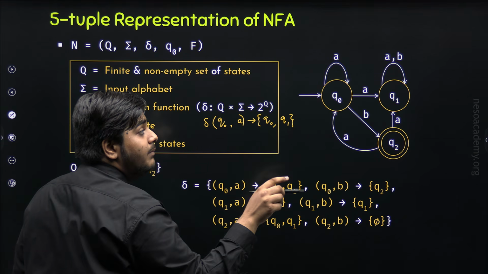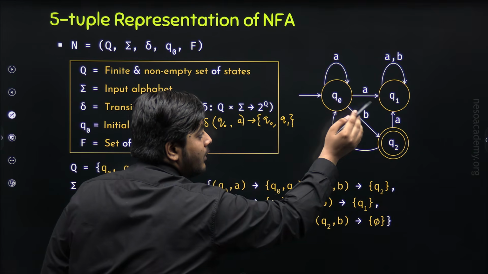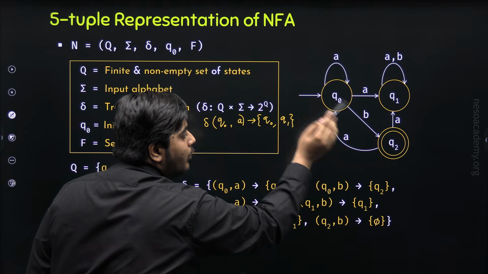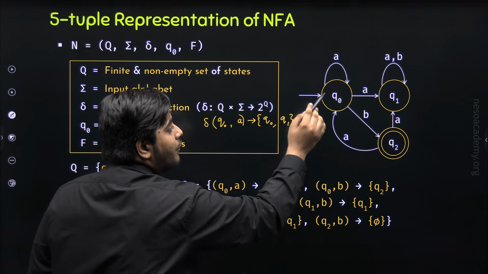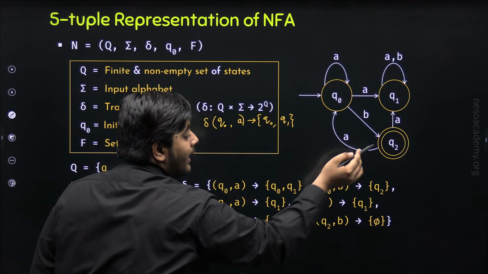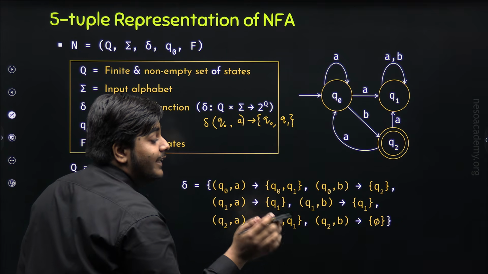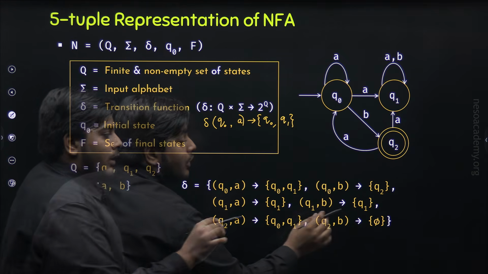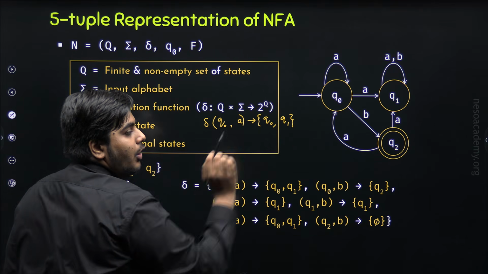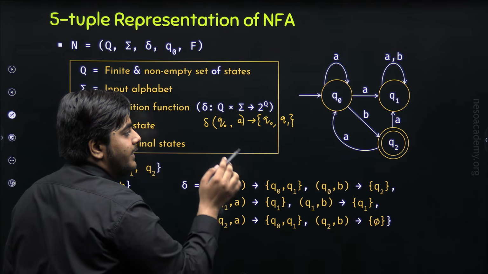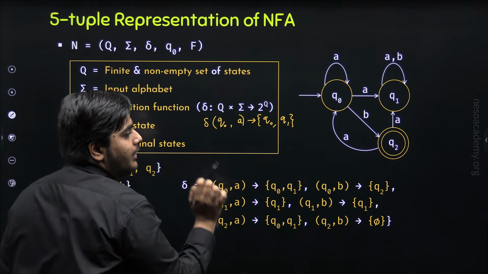The next state can be the set of Q0 Q1, Q1 Q2, Q0 Q2. The next state can also be the set of Q0 Q1 and Q2. And we have just seen the next state can also be a null set. So there are total 8 possible next states for the current state Q0. That is represented using this 2 to the power Q.